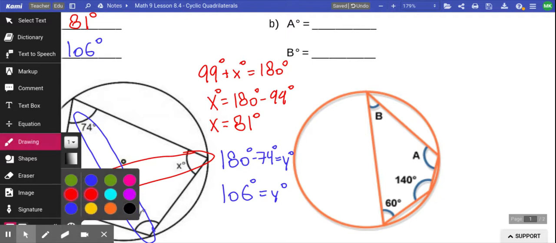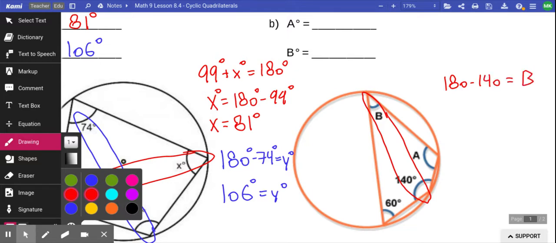So let's try this one over here. Let's try to find B first. If I look, B is opposite of 140. That means if I take 180 degrees and subtract 140 degrees, it will give me angle B. That means 40 degrees equals angle B. The next pair of opposites that I see is angle A with 60.